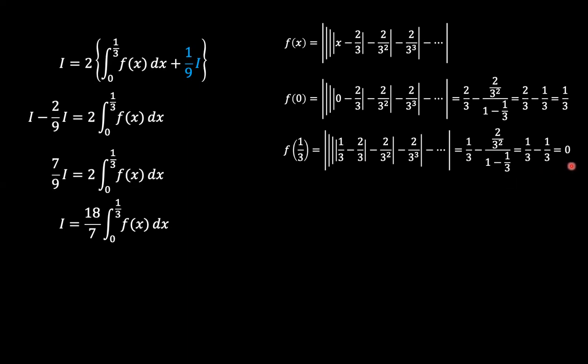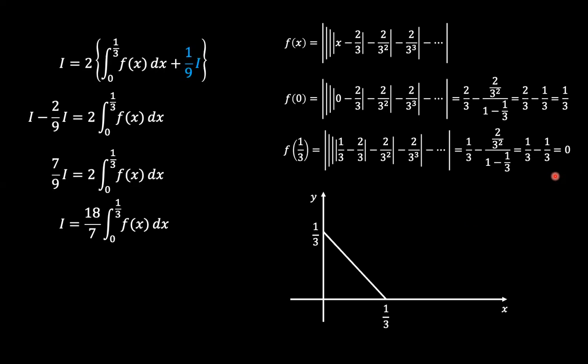So we have this monotonic expression with f(x) being a third at 0 and 0 at x equal to a third. And so the integral of f(x) between 0 and a third is just the area under this line, which is the area of this triangle.